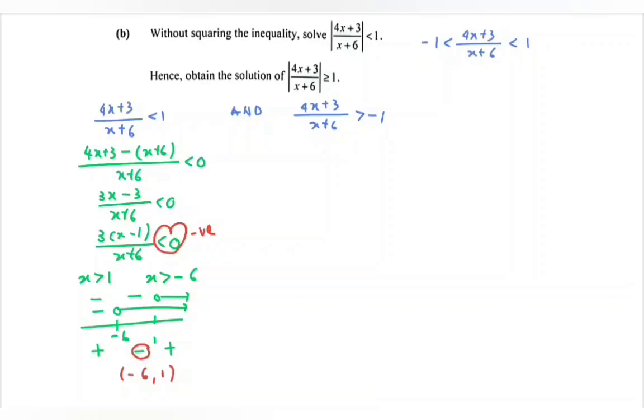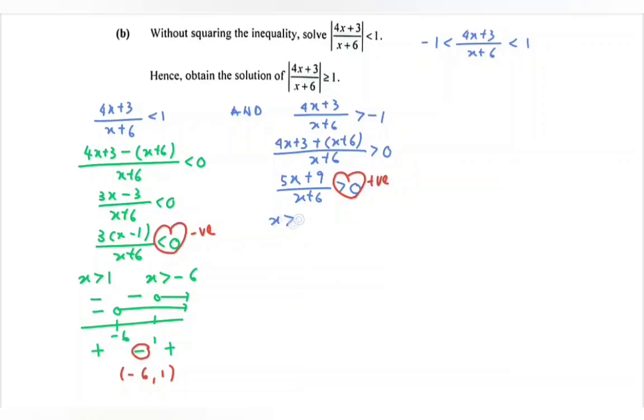Next, focus on the right hand side. We have 4x plus 3 plus bracket x plus 6. So rearrange, at the same time, we equal the denominator. So here we have 5x and then plus 9 over x plus 6. So here we have the simplest form. Then next is to determine the sign.